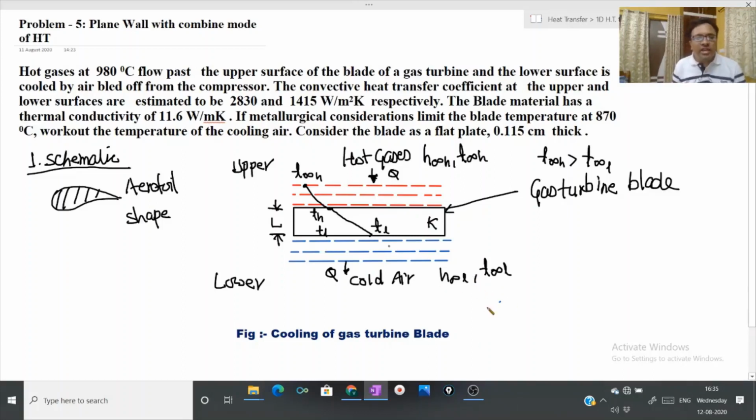And finally, when heat is flowing through the cold fluid film, it will offer thermal resistance by convection, and temperature drop will take place from TL to T infinity L. So this way the temperature drop will take place and it will represent the temperature profile, which will be represented by a straight line.